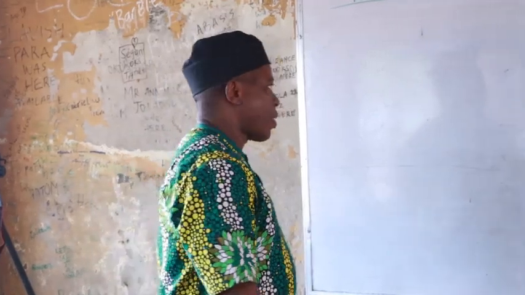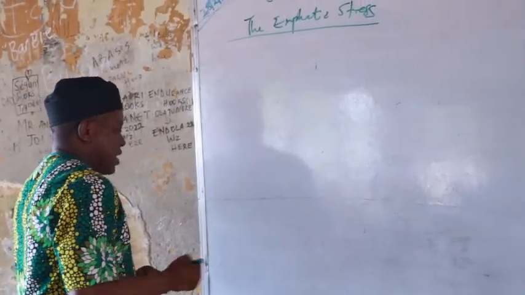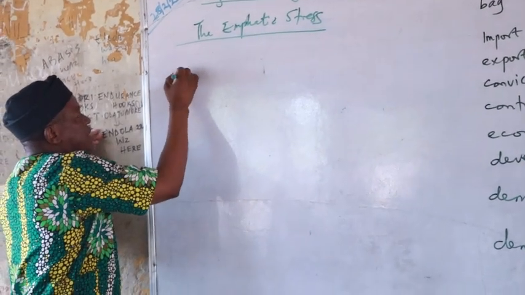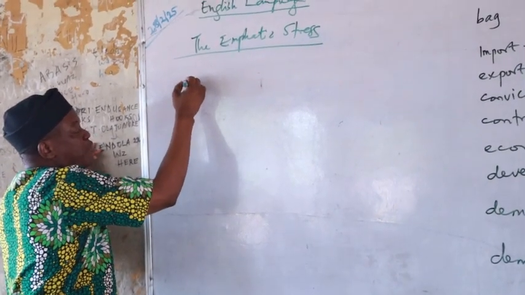Now let's see how emphatic stress works. Let's say this happens to 5 people or 4 people.